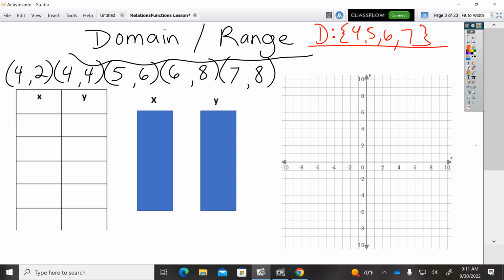All right, so that is your domain, because that's the definition of the word domain: all possible x values. Now range is the opposite: all possible y values. So what are the y values there? 2, 4, 6, 8. Any questions so far?